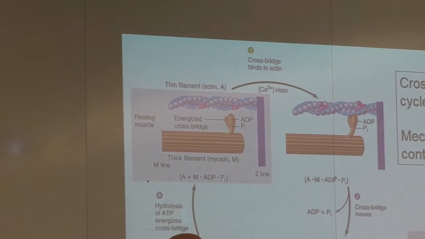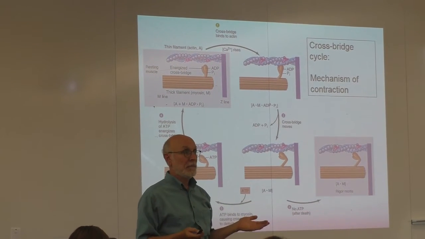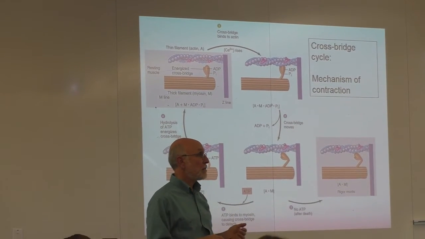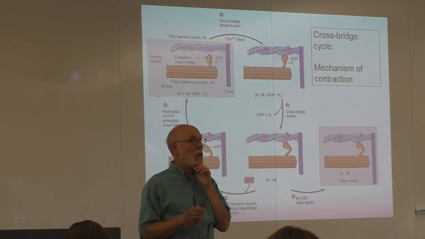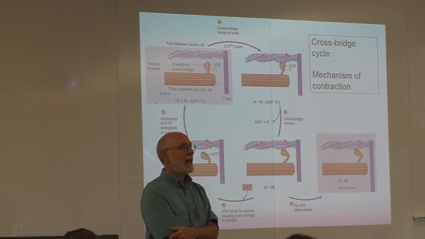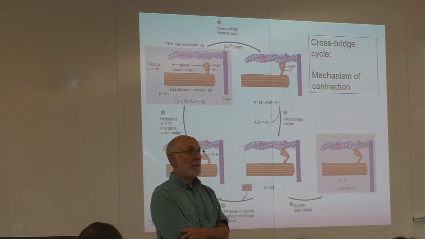The thing that triggers muscle contraction is calcium, a rise in intracellular cytoplasmic calcium. Does anybody remember where that calcium comes from in skeletal muscle? The sarcoplasmic reticulum.